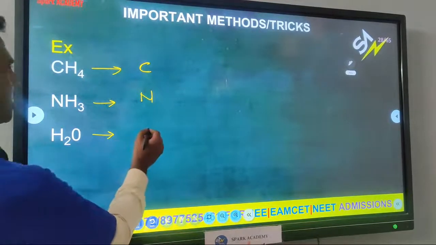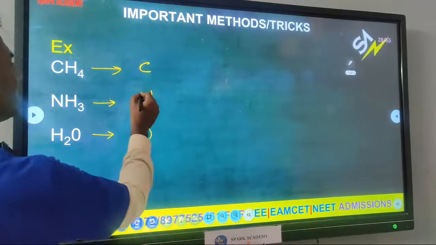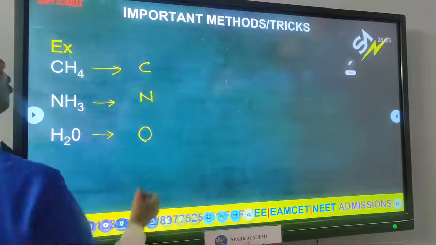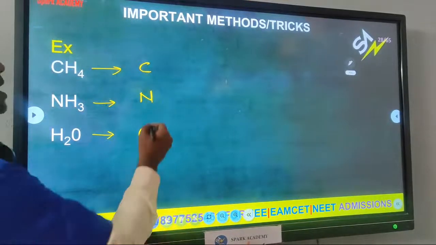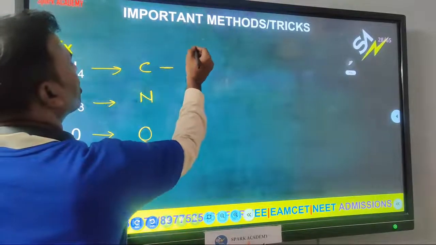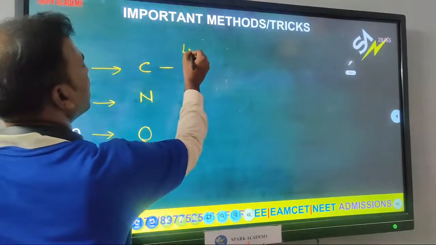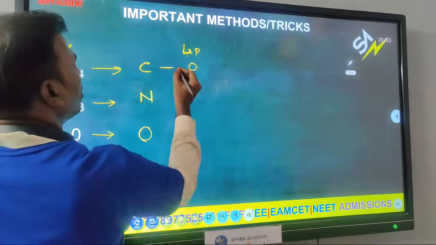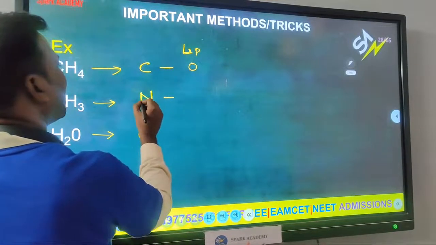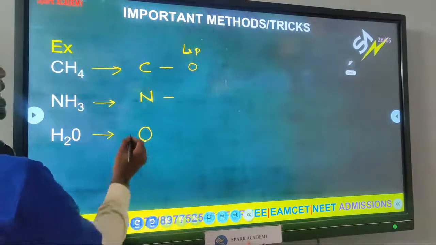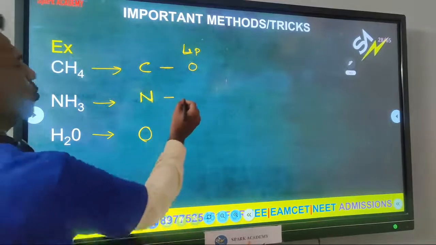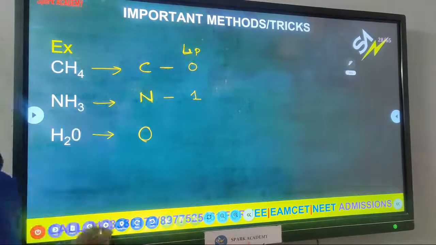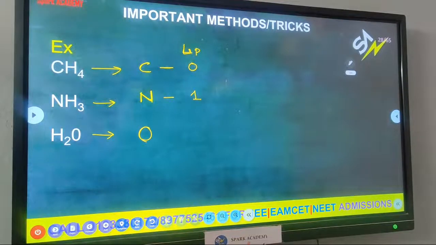In CH4, carbon has how many lone pairs? 0. Nitrogen has how many lone pairs? 1, because in the structure of ammonia, nitrogen is the central atom.